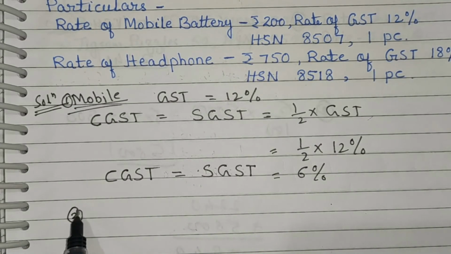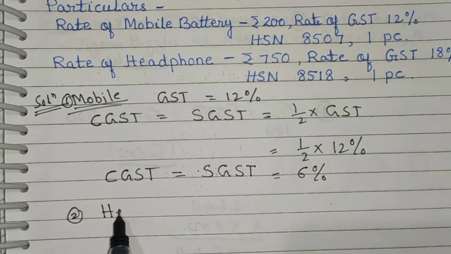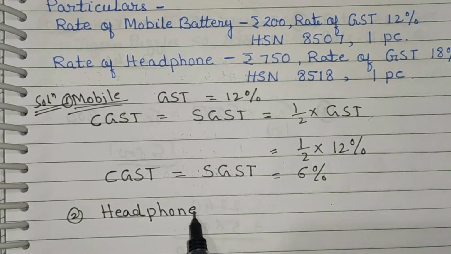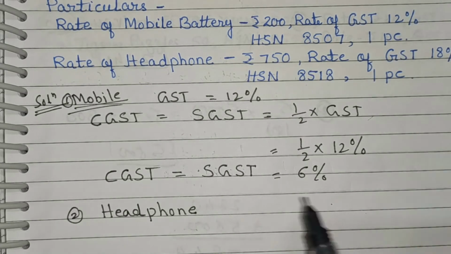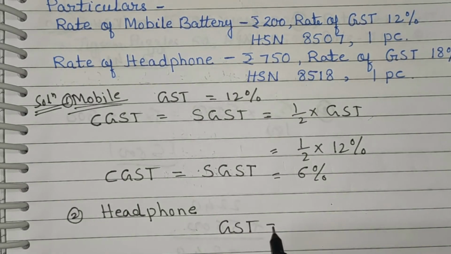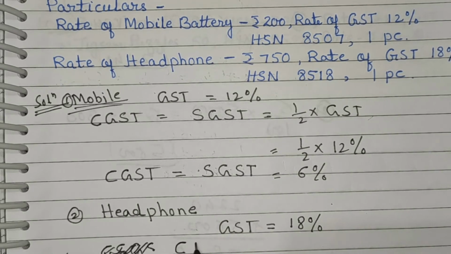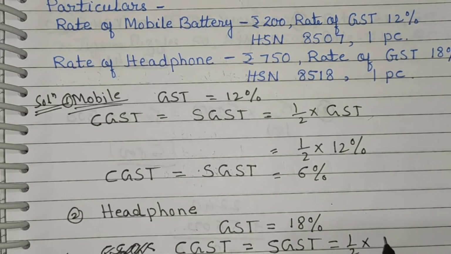Now the second is headphone. Rate of GST is given. Therefore GST is equal to 18%. Rate of CGST is equal to rate of SGST is equal to half of GST.